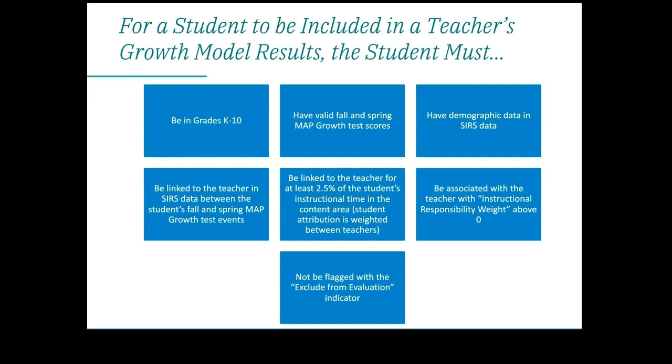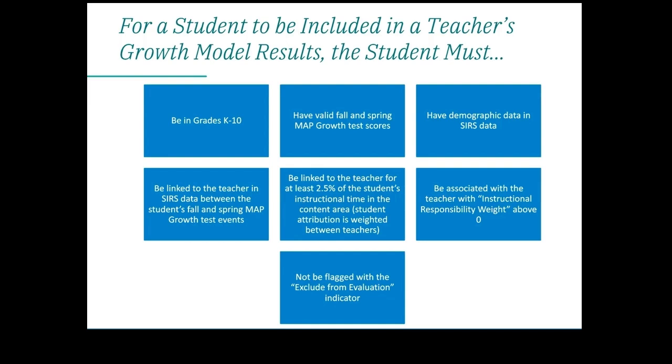Usually we're seeing much larger percentages, and by and large, those are large portions, 50% or more, but sometimes students move around between teachers, or maybe there's more than one teacher contributing to a student's growth during that period. We had to set some minimum bar in order to have a student count in some fashion towards a teacher's outcome. And we do weight that. It's not like a 2.5% and then you get full credit. We weight it by the percentage of instructional time that is associated with a teacher or student.